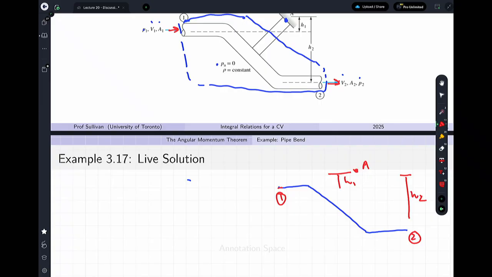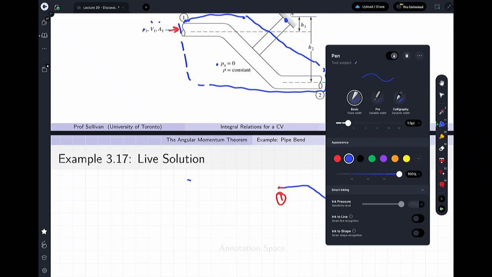So I have all of the terms that are there. The inlet to this system I'm going to reference as 1 and the exit of the system is 2. I have the point of interest, which is going to be A, so I'm referencing everything with respect to A, and now I can start to look at the problem and solve for things.